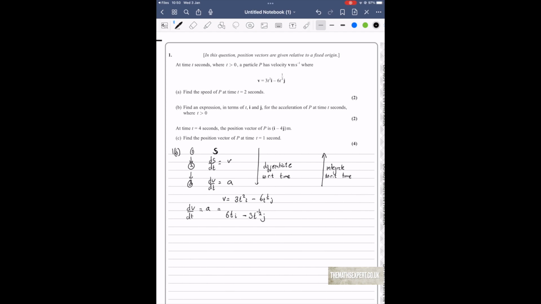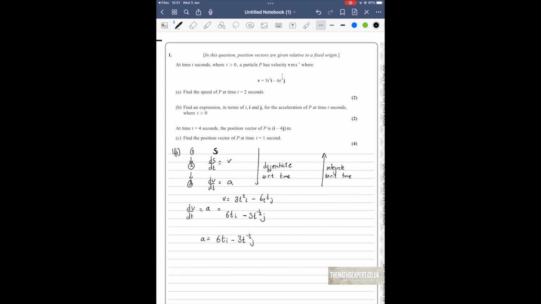Well, that's good so far. It asks for an expression. This looks like an expression to me. So the answer to B is simply 6t i minus 3t to the minus a half j.